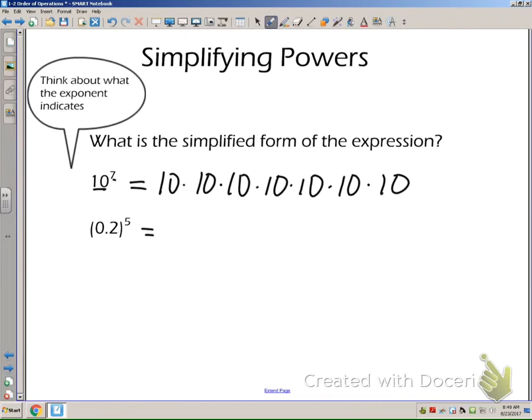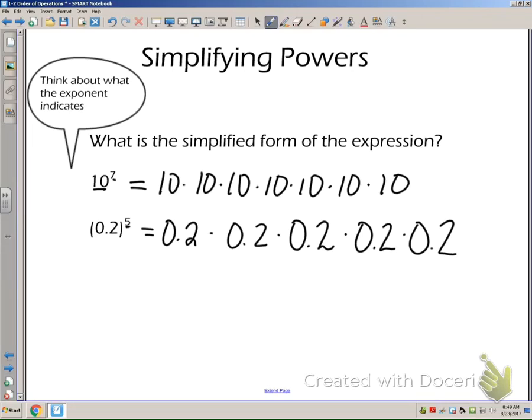If it was a fraction, it would be the same thing. With 0.2 to the 5th power, this 5 tells me that I need to write that 0.2 5 times: 1, 2, 3, 4, 5. Essentially, I'm multiplying 0.2 by itself 5 times.